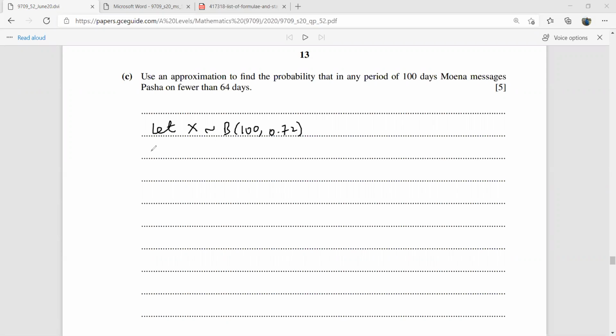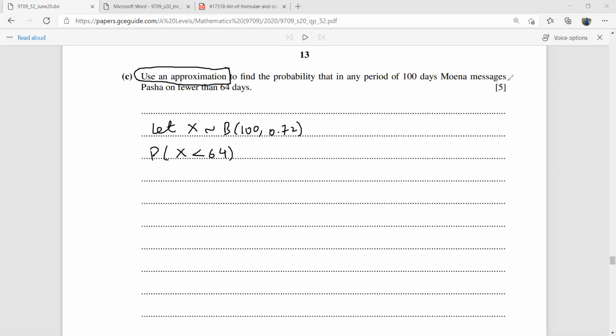We have to find the probability that X is less than 64. You have to be very careful with the equal mark over here. We can find this using the binomial distribution itself, but we have been told to use an approximation, so we'll be going from the binomial to the normal distribution.